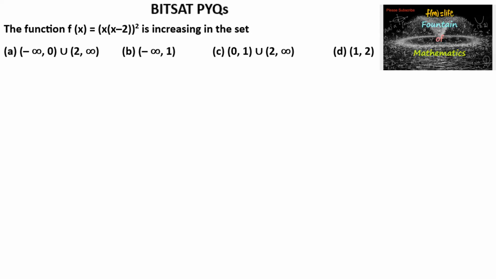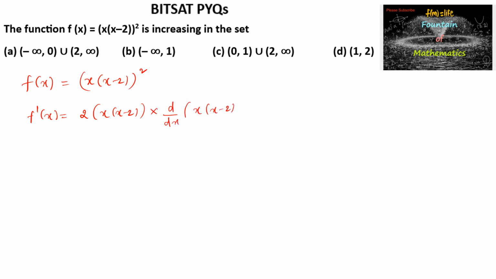The given function f of x is equal to x into x minus 2 whole squared. We need to find the interval in which it is increasing. So let's differentiate. f dash of x is equal to 2 times x into x minus 2 into d by dx of x into x minus 2.